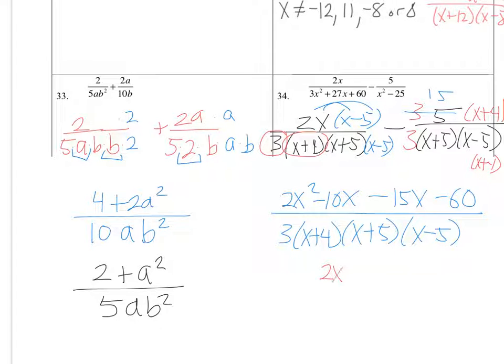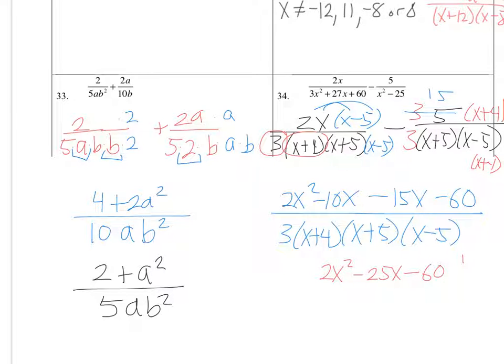So we get 2x squared minus 25x minus 60. Looking for things that multiply to negative 120 and add up to negative 25. I don't think there are any.